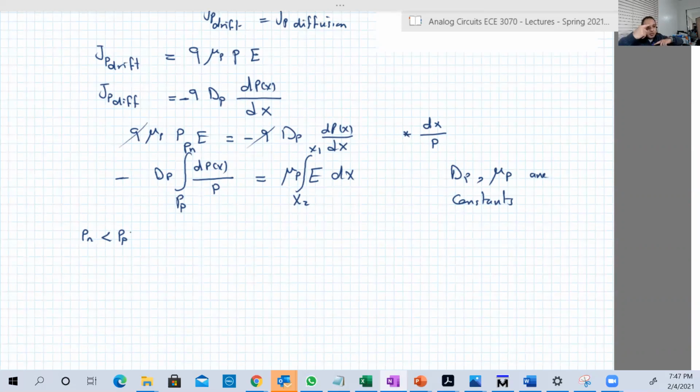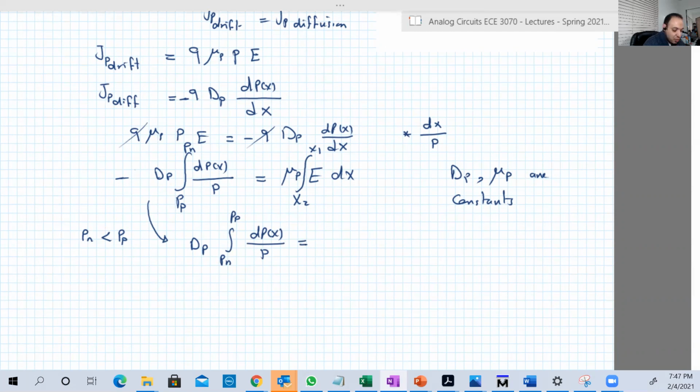To change the limits, we can use this minus here. So we can remove the minus, but it changes the limits from Pn to Pp. So this will be dP from Pn to Pp, dP of x over p equal to. Let's now consider the second one.